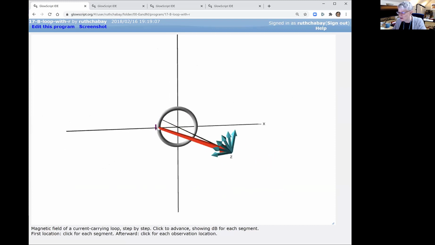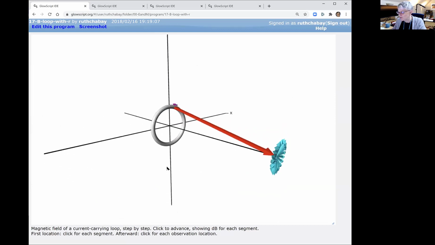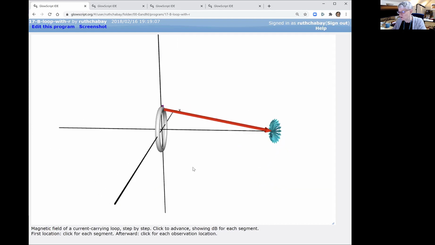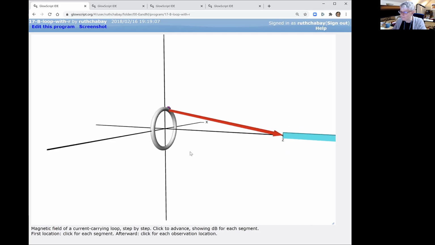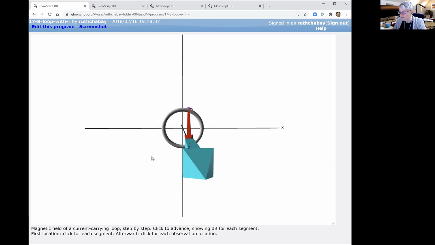So each little piece contributes a magnetic field in a slightly different direction. And we've gone all the way around, and we see that the Y and X components are actually going to cancel out, and all we're going to get is a non-zero Z component on the axis.